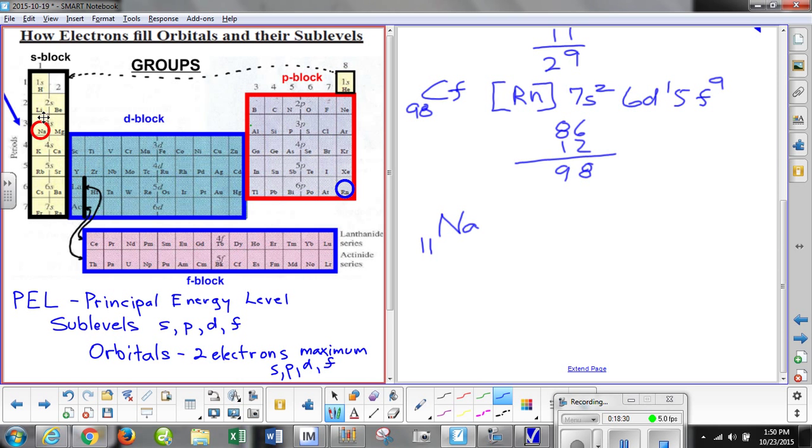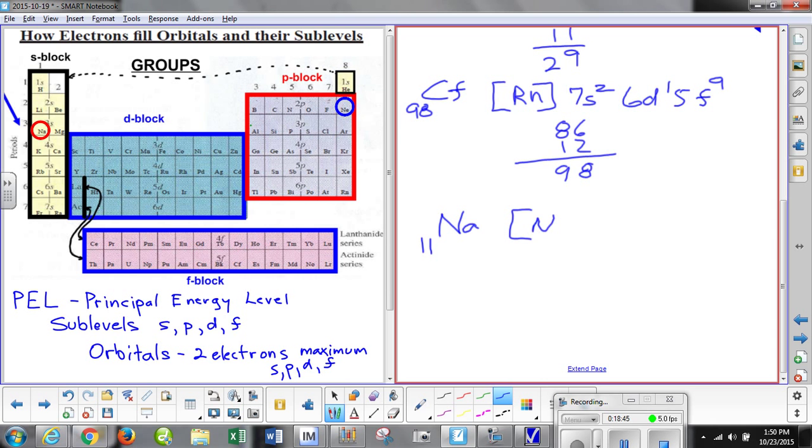What are you going to pick for your noble gas? Neon. Good. And neon brings how many electrons? 10. Okay, so that's our number that we're going to be adding to.